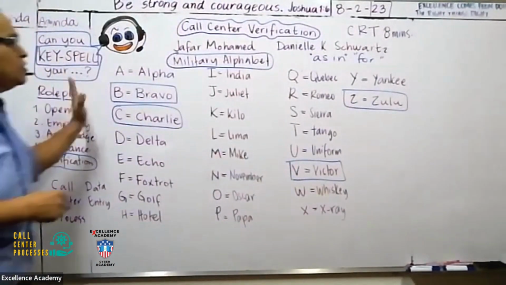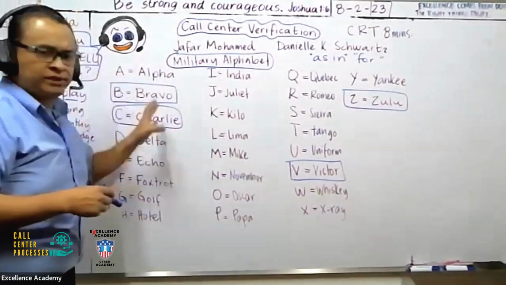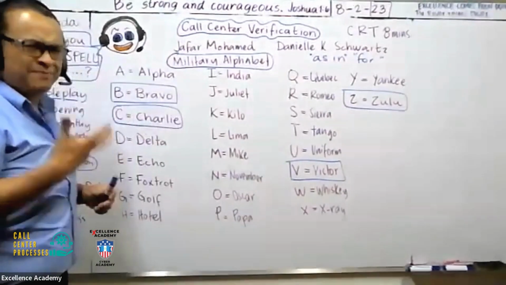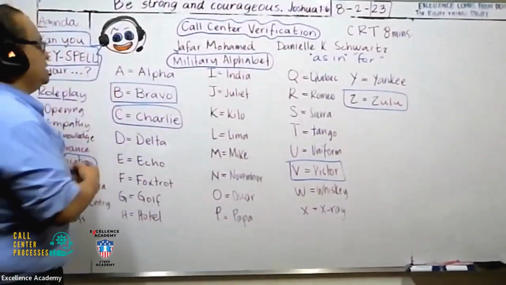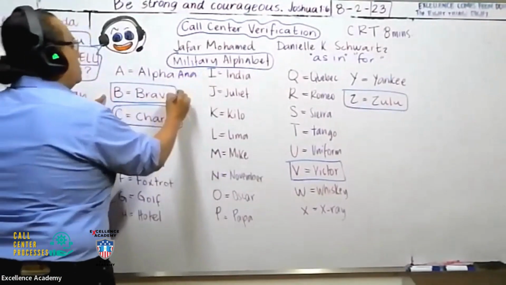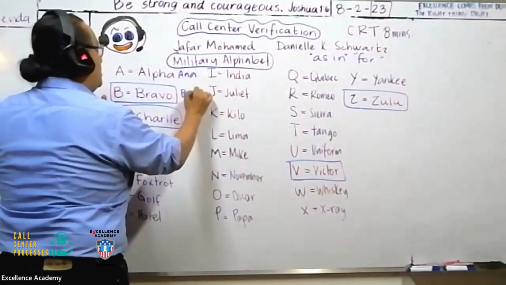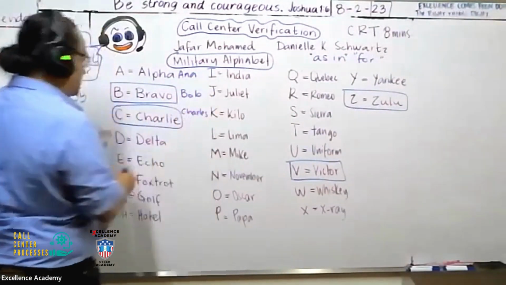On something else, you're going to hear your customers. Some customers are not going to use this strictly. They'll use names or common words in English. Like, for instance, a customer could say A for Anna, or B for Bob, right? Or C for Charles, which are common names in America.